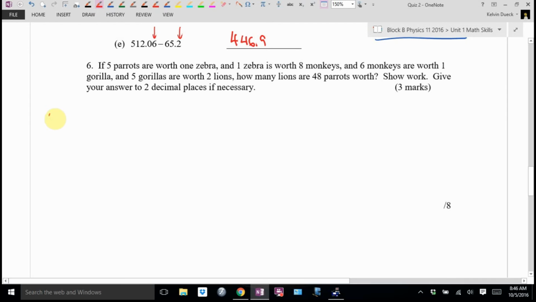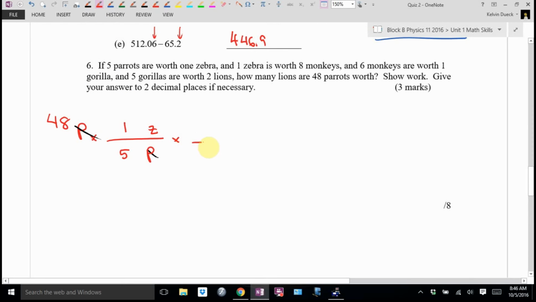Well, write down what they gave me. 48. Can I use P for parrots? Apparently parrots and zebras. 1 zebra, 5 parrots. I'm going to put the ones in because it's weird. I'm going to just be really cautious. So that would give me zebras.